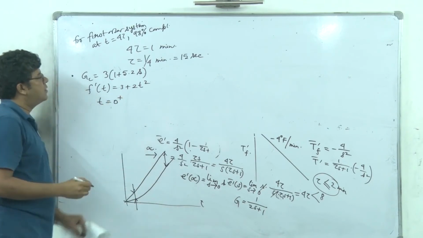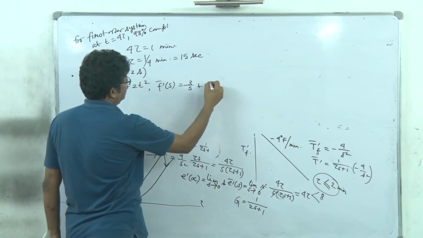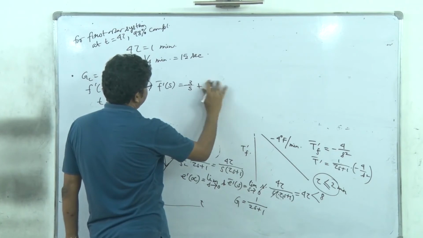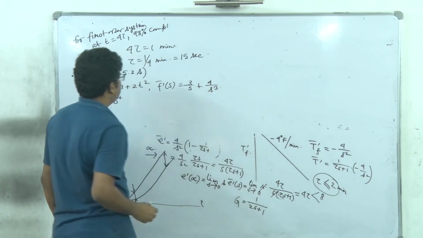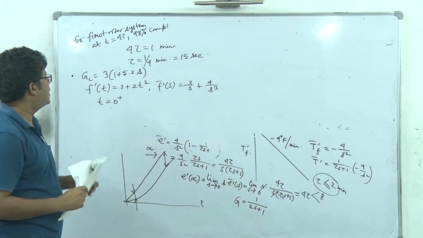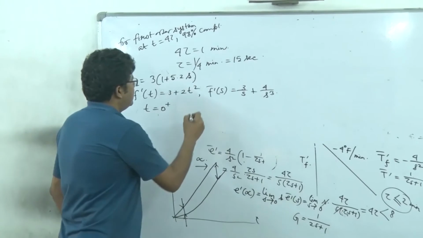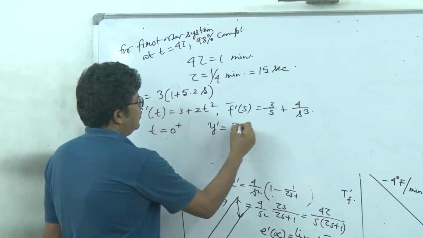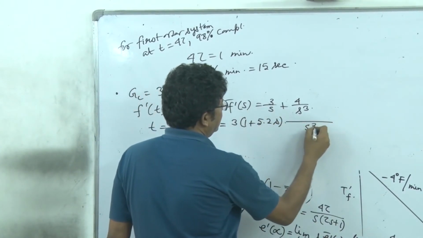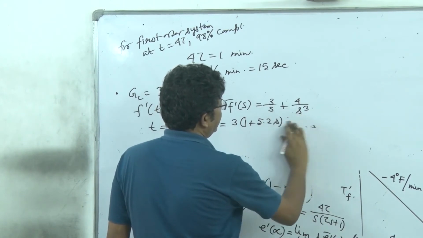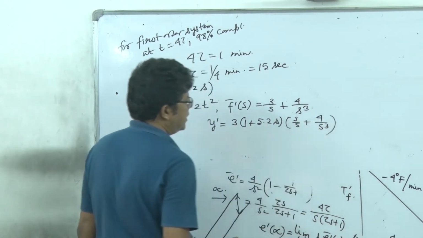So basically you see this f prime s is 3 by s plus 2 into 2 factorial by s cube, so 4 by s cube. So output y prime will be 3 into 1 plus 5.2 s into, rather we can write this as 3 by s plus 4 by s cube.